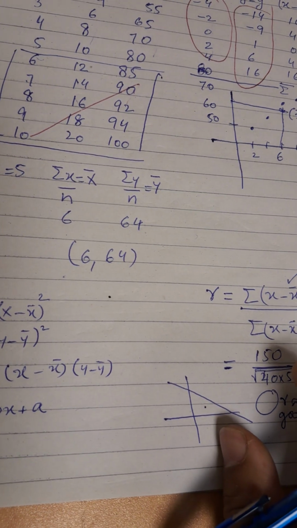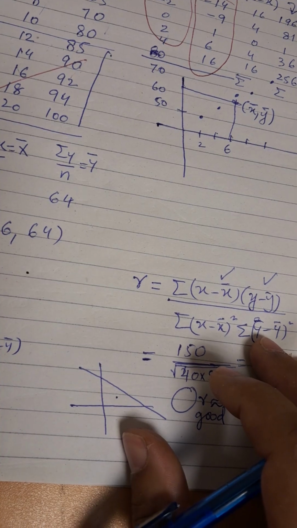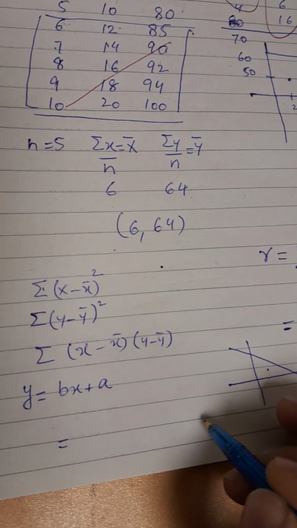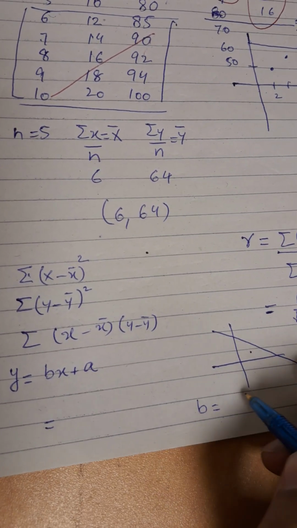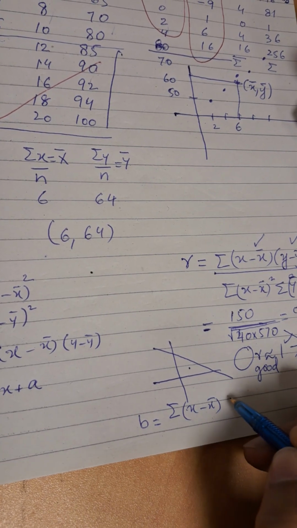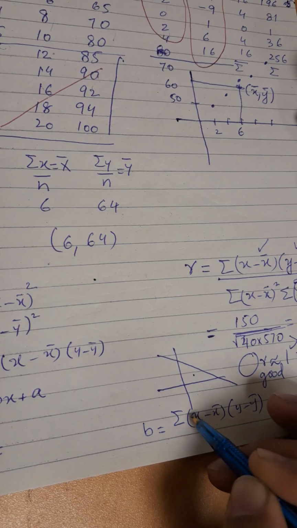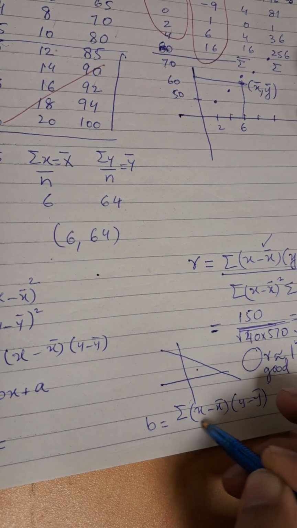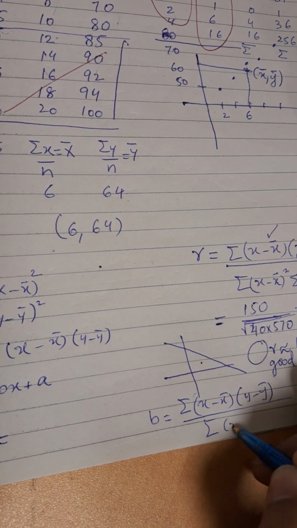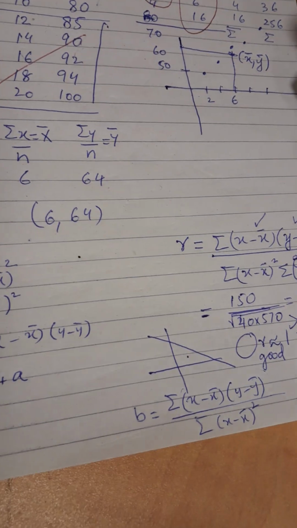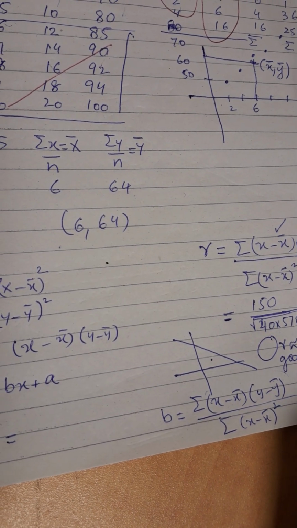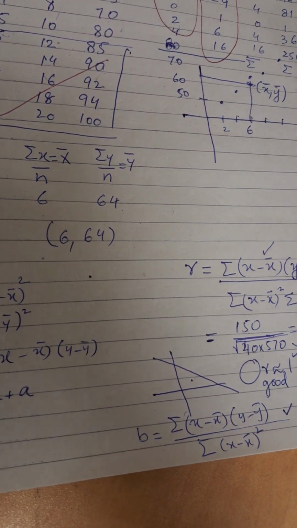The slope of this one can be calculated using a relation similar to this one, where b is equal to the sum of the product of the differences, x minus x bar and y minus y bar, divided by the sum of x minus x bar, the independent variable, squared. So this constitutes the slope. And how would we calculate the intercept then?